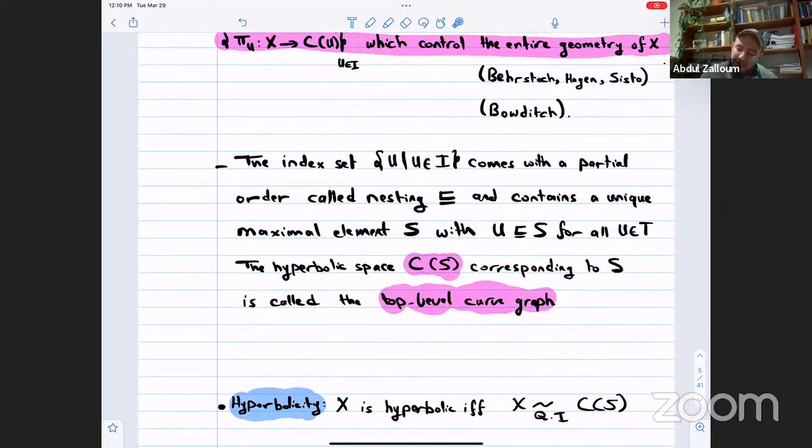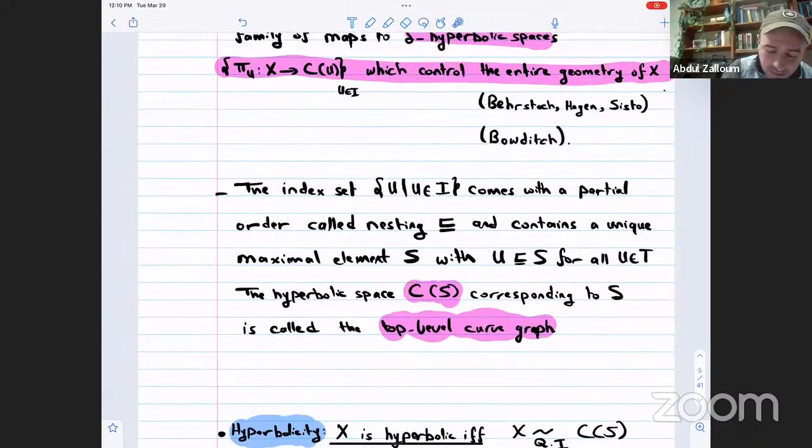So an HHS is hyperbolic. You would like to understand whether an HHS is hyperbolic or not. And here's a description of when an HHS is hyperbolic purely in terms of such maps. An HHS is hyperbolic if and only if it's quasi-isometric to the top level curve graph. So you have a collection of maps that go to the collection of hyperbolic spaces, all right?